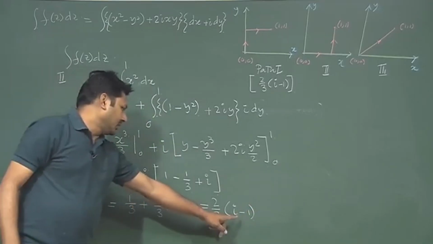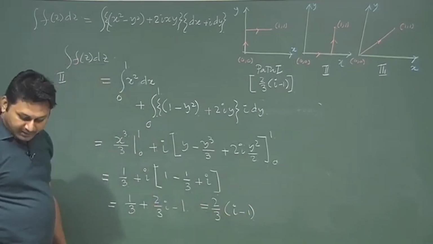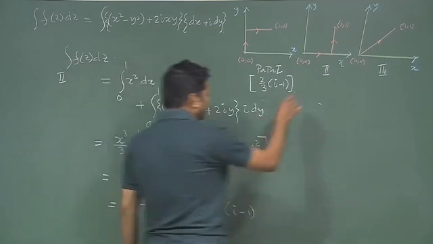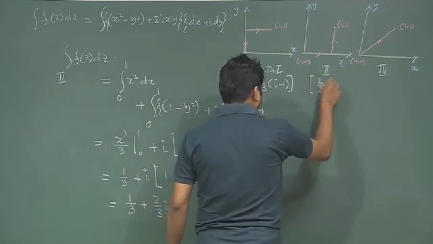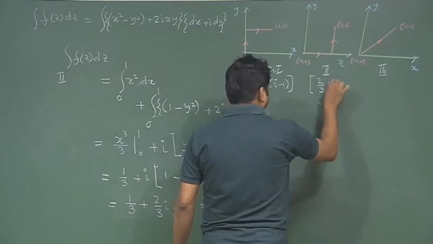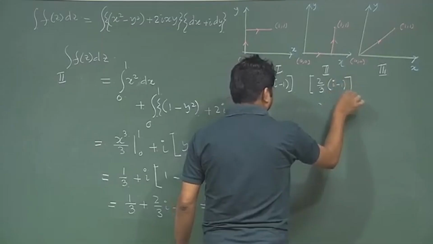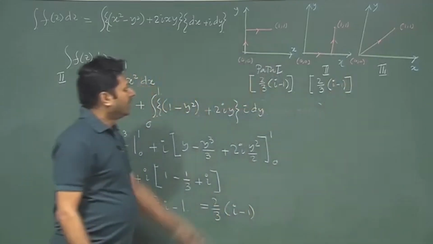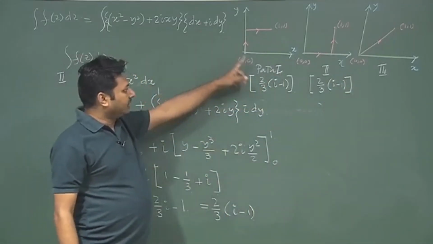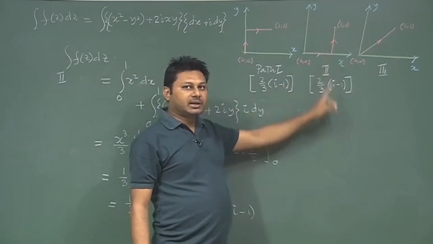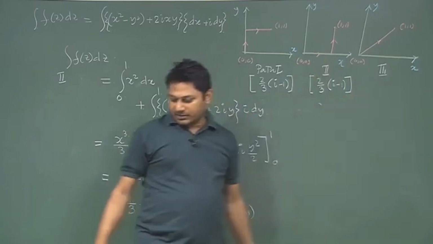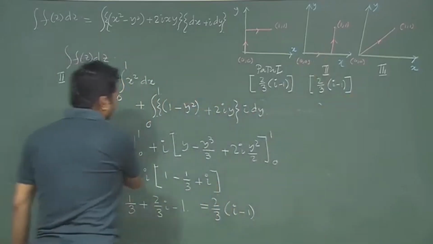So, path 2 also has the same value, 2 by 3 (i minus 1). I evaluated the integration over path 1 and got this value. I evaluated the integration for this path and got this value. The last part is that, so let me do that also.